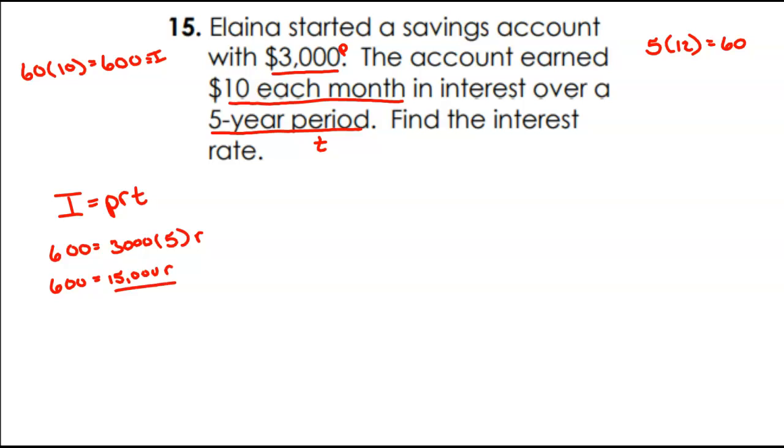To get r by itself, I've got to divide both sides by 15,000. And this is going to give me 0.04 for r. I've still got to turn this into a percent, so I've got to move my decimal 2 places to the right. And this is going to be 4%.